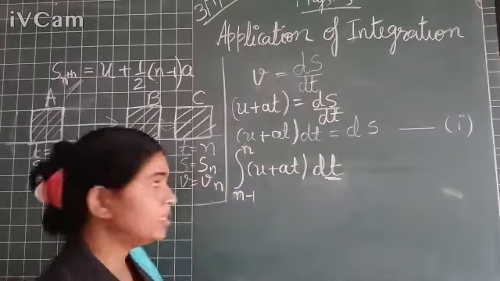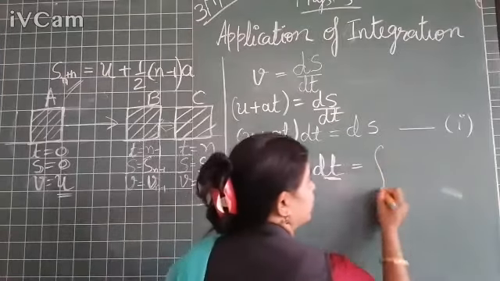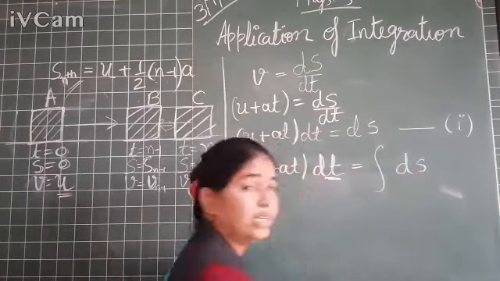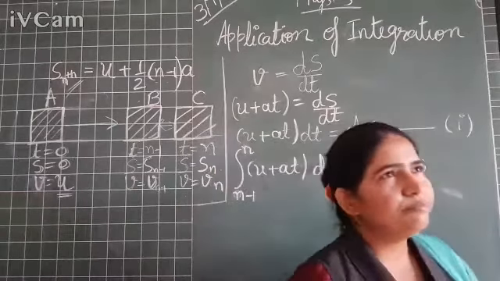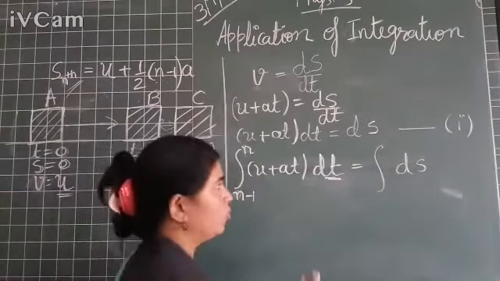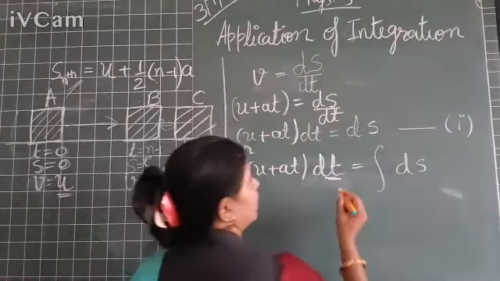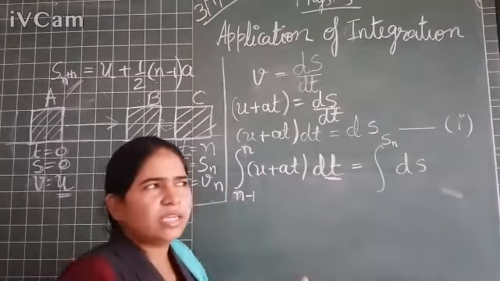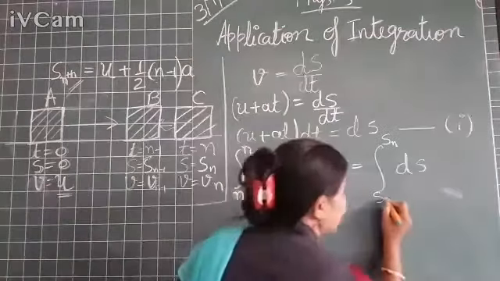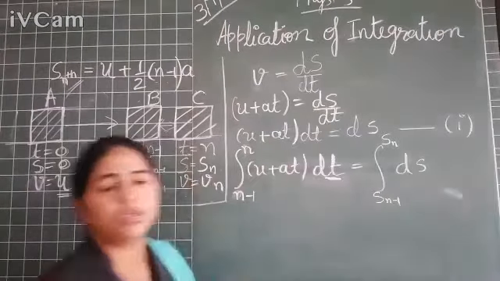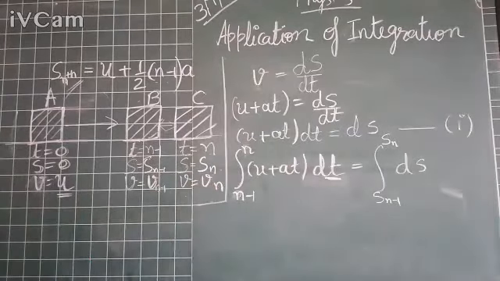Now here also integration. ds will be integrated. The final value of s is Sn, and just 1 second before the final, the displacement is Sn minus 1. Just look at the board. Is this much clear to you?